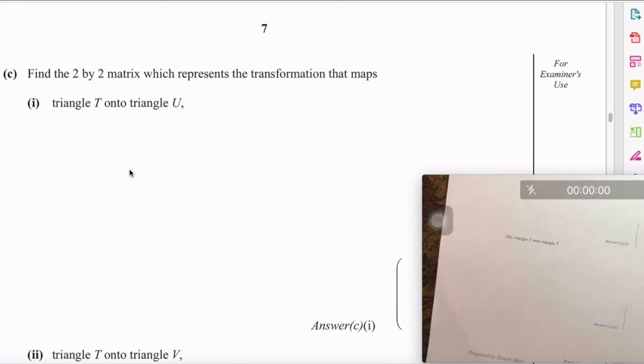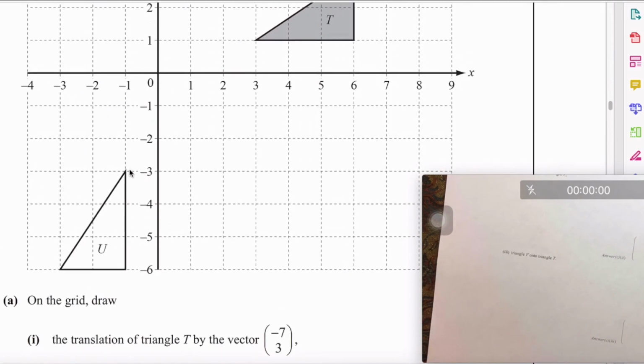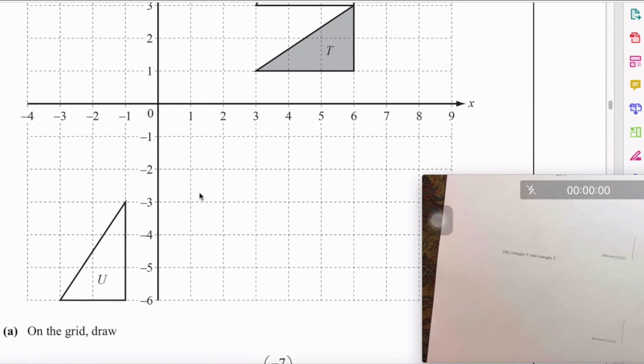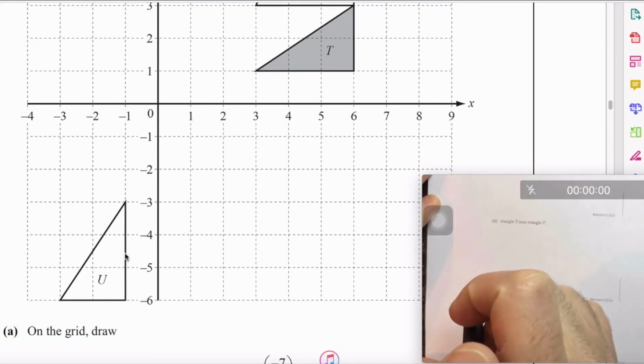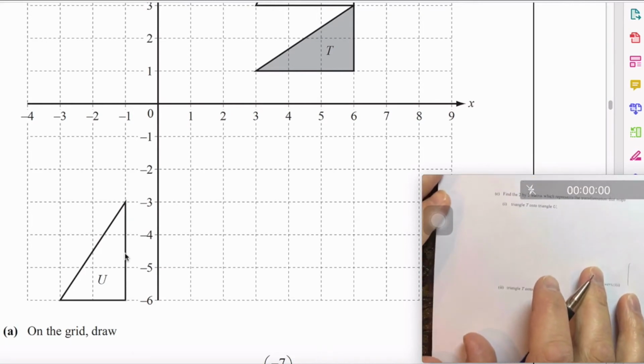Next part, it says find the 2 by 2 matrix which represents the transformation that maps T onto U. As you see here, it is triangle T, it is triangle U. Always remember that the matrix of transformation is always a 2 by 2 matrix which is pre-multiplied by the vertices.